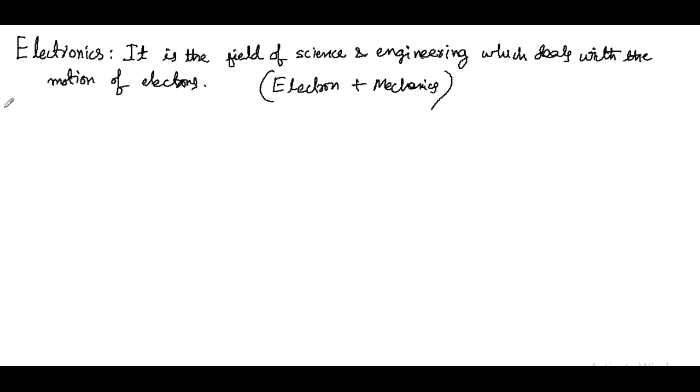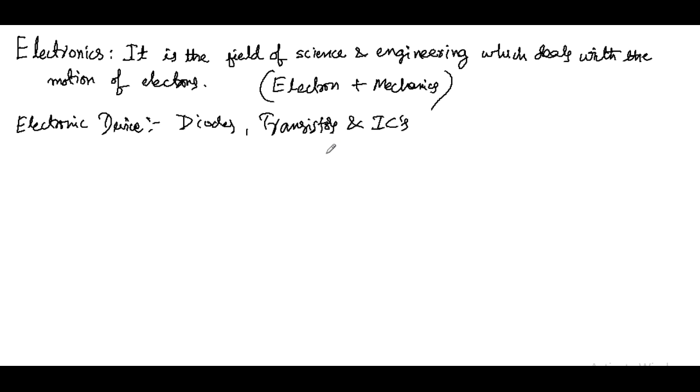Electronic device. This definition explains the devices which are made up of semiconductors. Examples: diodes, transistors, ICs, integrated circuits.